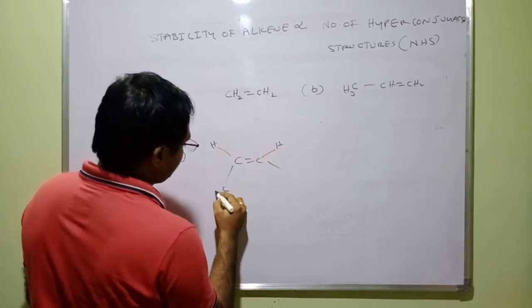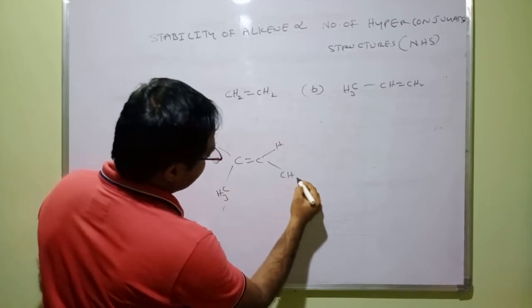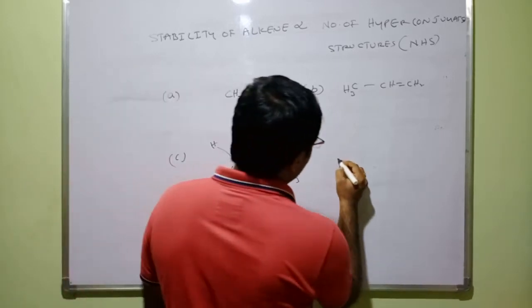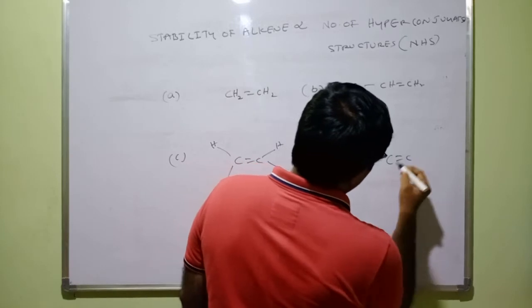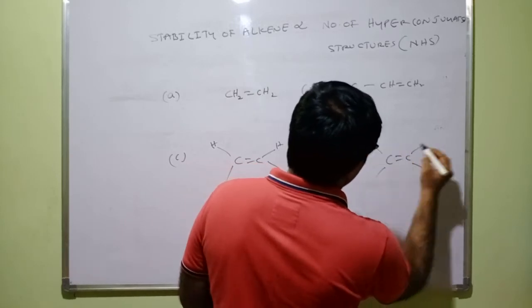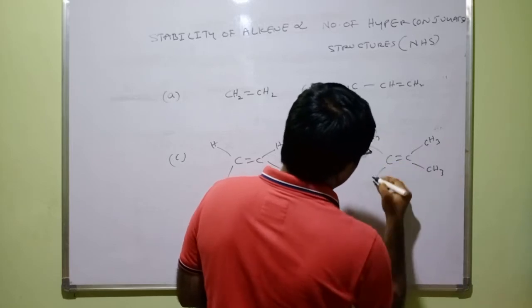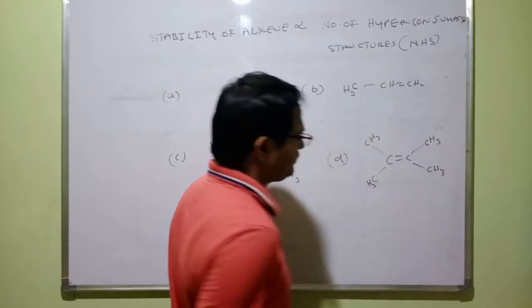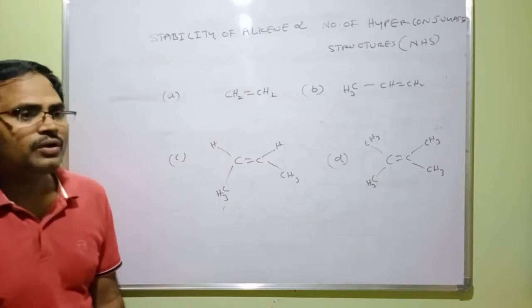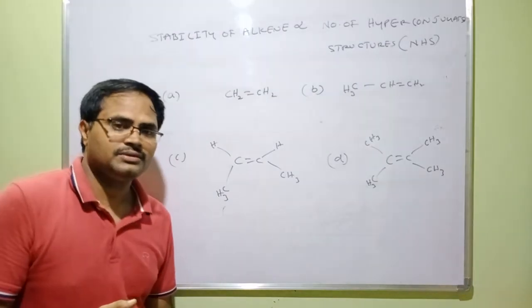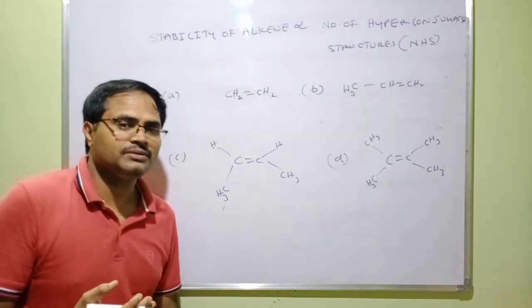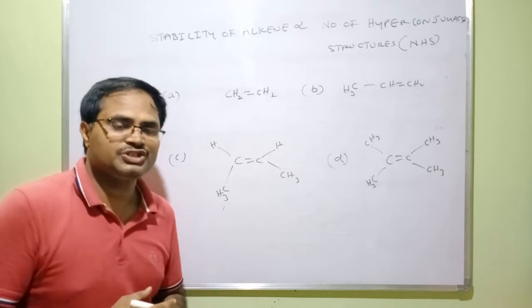H, CH3, CH3. CH3, CH3, CH3. So now, based on hyperconjugation, we know how we can explain the stability.